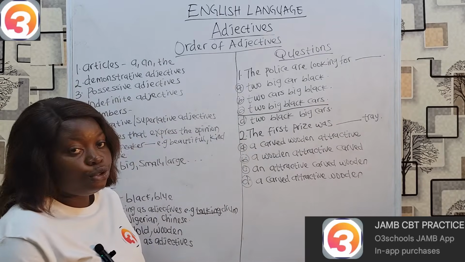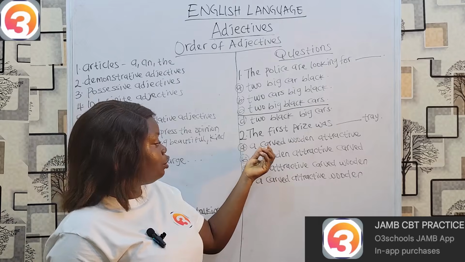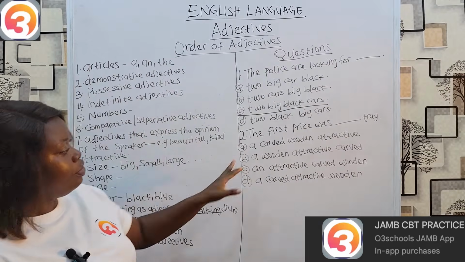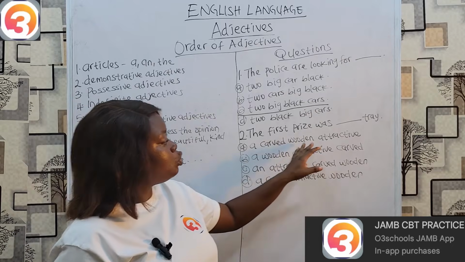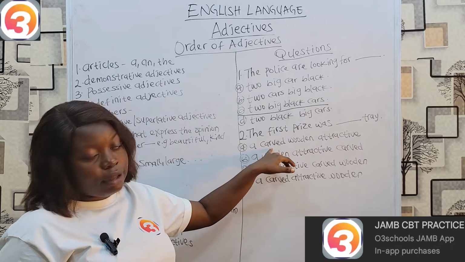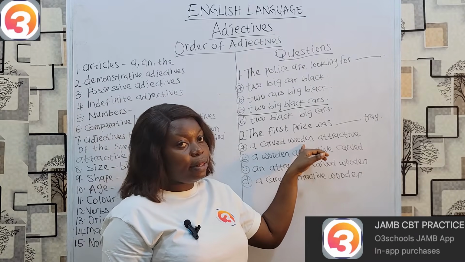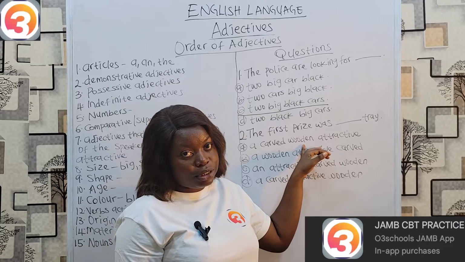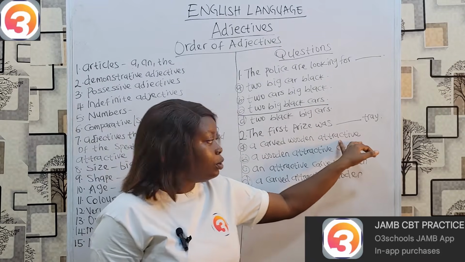From these options, we do not need to bother ourselves about the articles. They're supposed to come first, and in all the options they're already coming first. So we'll look at the other adjectives. Carved, wooden, attractive. Carved is a verb acting as an adjective. Wooden talks about the material the noun you are describing is made of, while attractive is the opinion of the speaker.